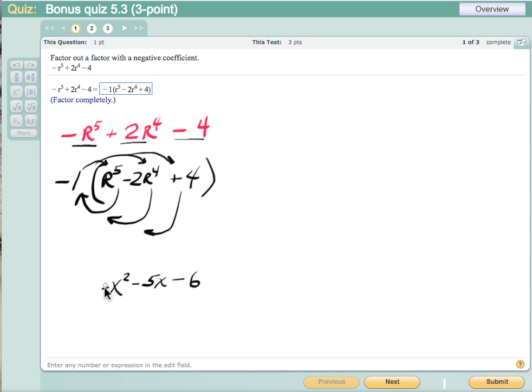And if the first term here has a negative, it is always a very super smart thing to do to factor out a negative number so that the leading term here is positive. And so I'll factor out a negative 1 from this, and I would simply toggle the signs of everything inside here.